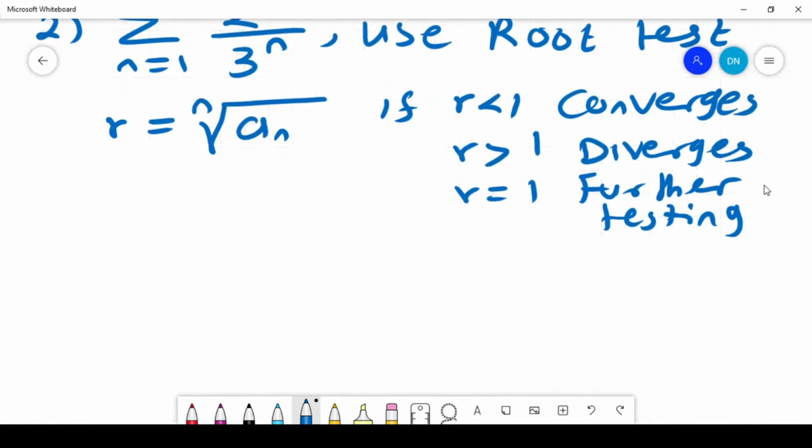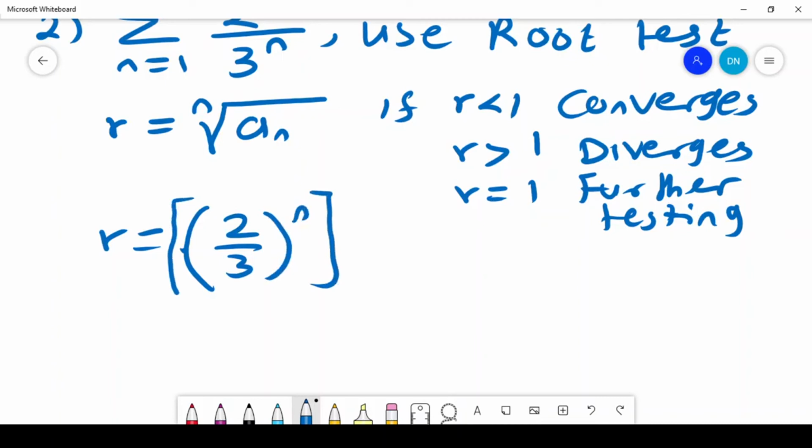So R will be equal to the nth root of 2 over 3 raised to power n, and the nth root, which implies that R is equal to 2 over 3, which is less than 1.